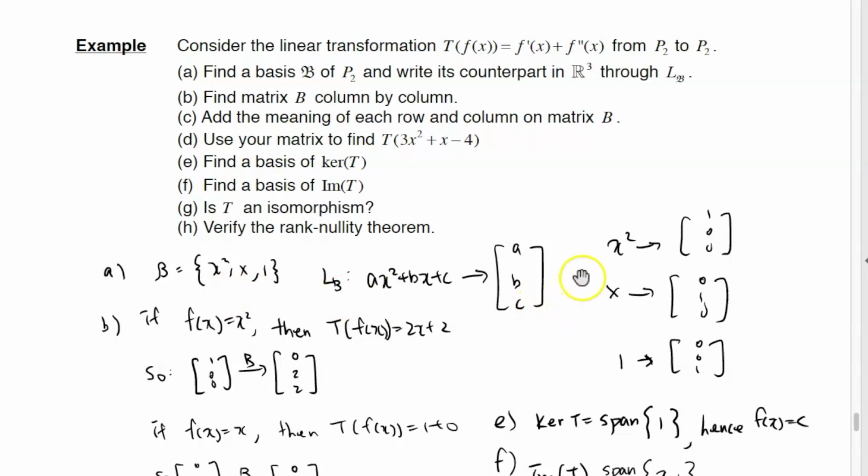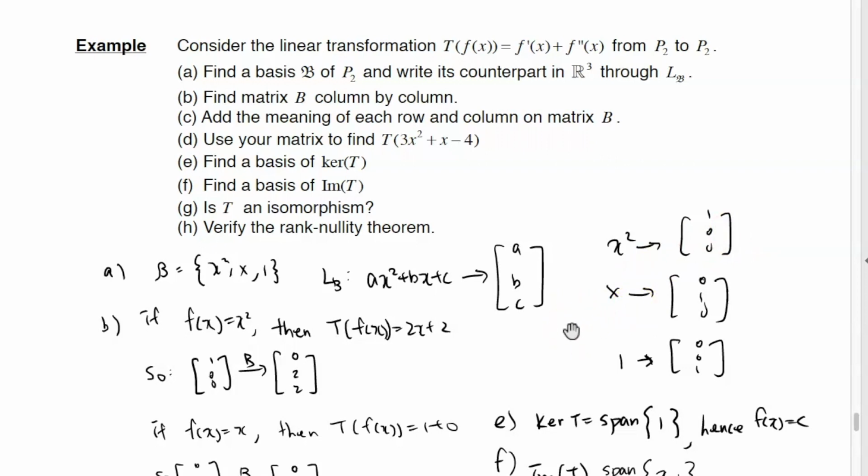So here, we're going to identify each element in the basis of the quadratic functions with an element in the standard basis of Rn. So we'll decide x squared is 1, 0, 0, x is 0, 1, 0, and 1 is 0, 0, 1. You could do it differently, for example, choosing 1, 0, 0 here, 0, 1, 0, and 0, 0, 1, whatever, as long as you're consistent.